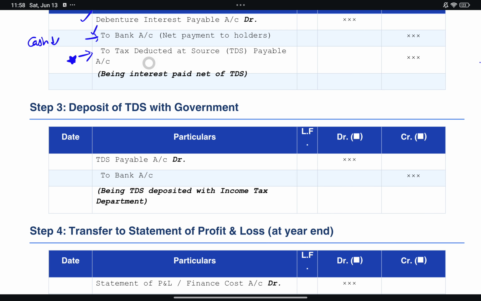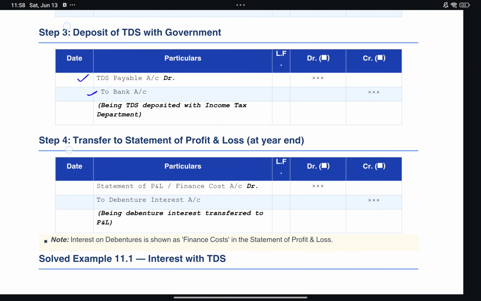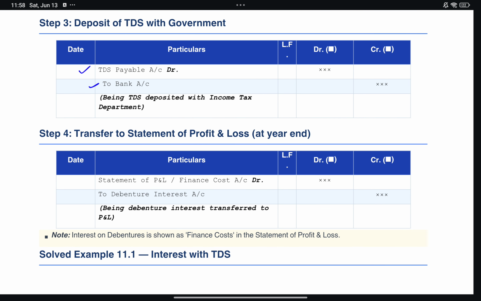So now to cancel it out, I must debit it: TDS payable account debit to bank account, since money is going from the company. Got it? What was the first entry? To due the interest payable, then payment of that interest after deducting TDS, then deposit of that TDS to the government, and the last one is transfer of that expense to the profit and loss at the end of the year.